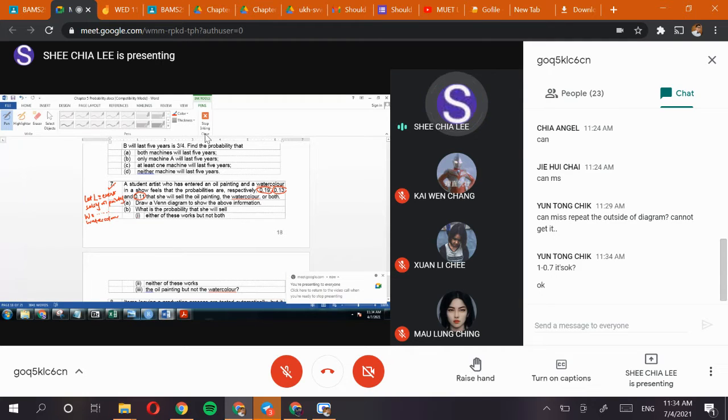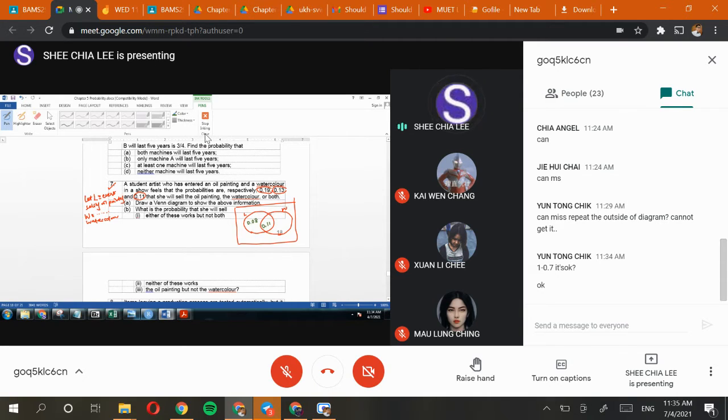So the intersect is 0.11: to sell the oil painting and the watercolor is 0.11, selling both. If selling only the oil painting is 0.19, with 0.11 taken, this part remains 0.08.